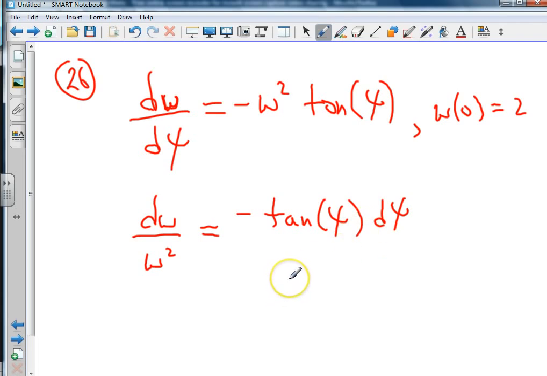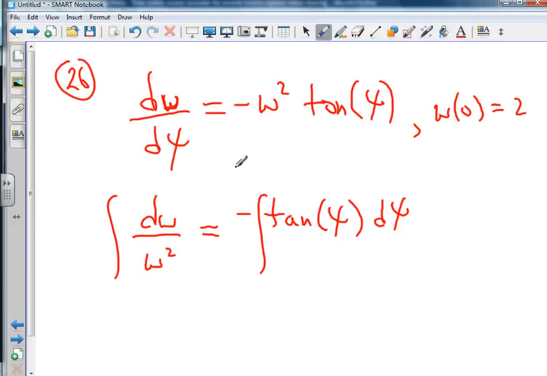Now let me think here. Can I integrate that and can I integrate that? I'm leaving the negative 1 out of it till later. Didn't we figure out the antiderivative of tangent yesterday? It had to do with ln because sine over cosine. ln of secant, right?